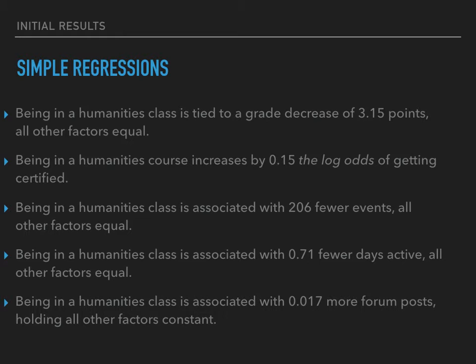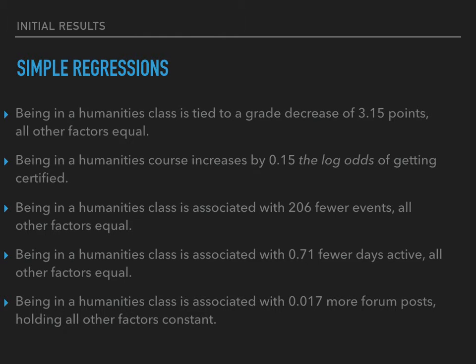And in addition, found that being in a humanities class is associated with 206 fewer events, such as clicks, all other factors being equal. It's associated with 0.71 fewer days active, all other factors constant, and with 0.017 more forum posts, holding all other variables constant.